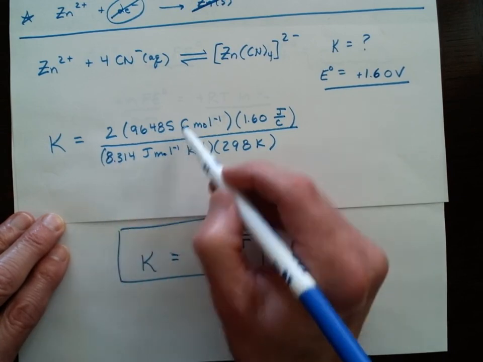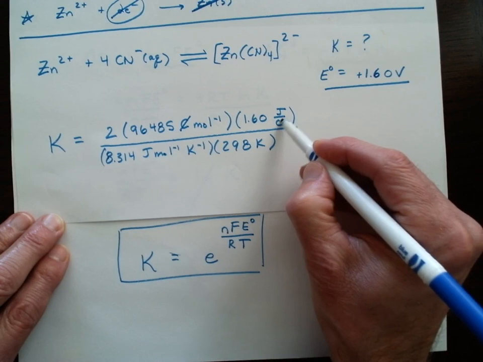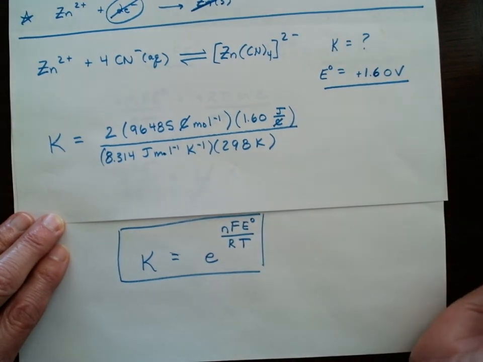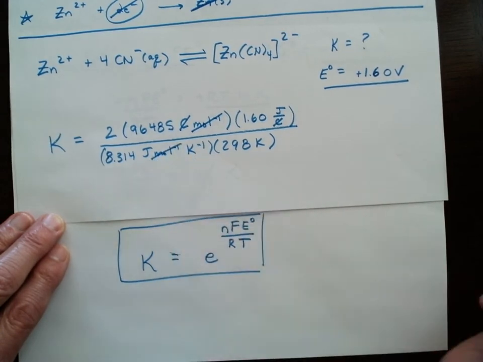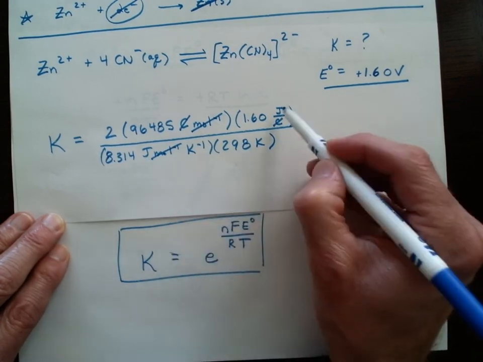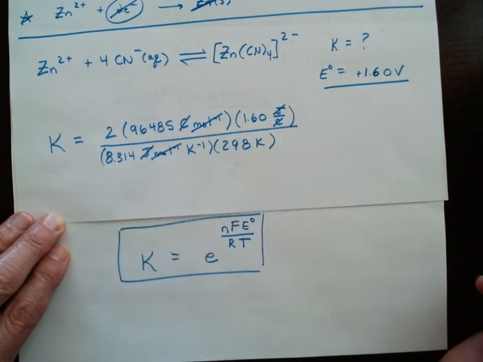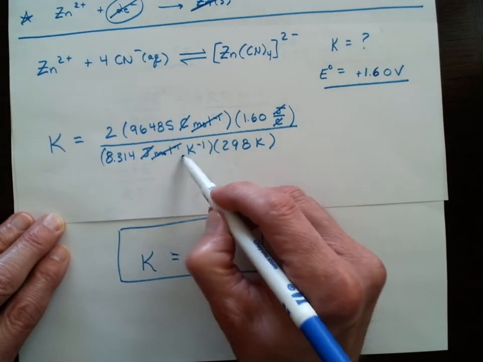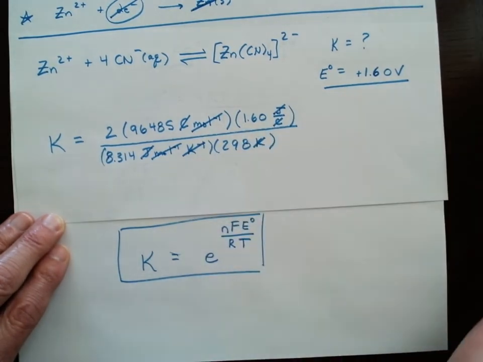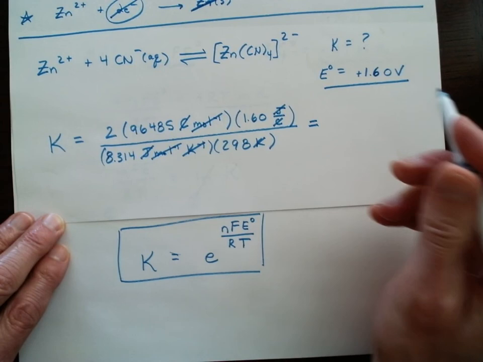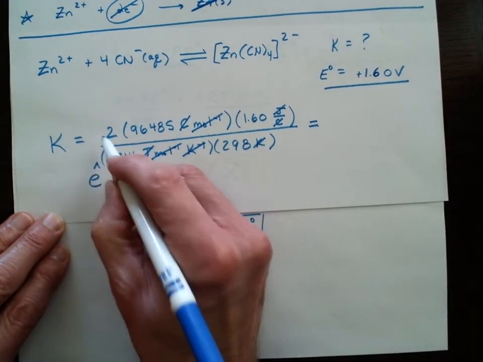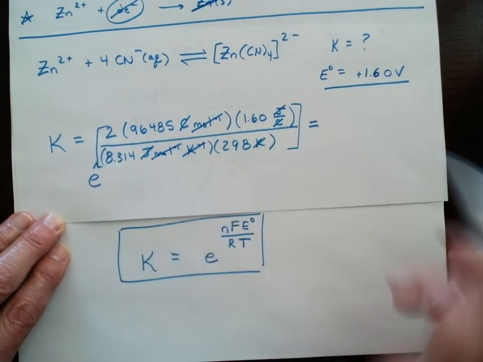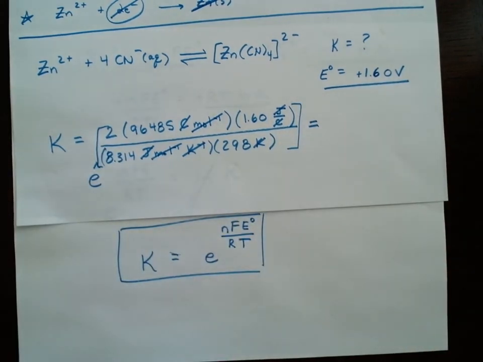On the numerator, I have a coulomb and a coulomb on the denominator. I have an inverse mole on the numerator that cancels an inverse mole on the denominator. I have a joule on the numerator that cancels a joule on the denominator. And on the denominator, I have both an inverse Kelvin and a Kelvin. So everything cancels out, and all I have to do is add everything together. Oh, I almost forgot. I better take e to the power of whatever this whole thing is when I'm done. That would have been a big boo-boo.